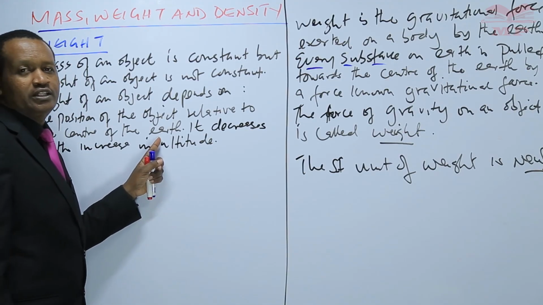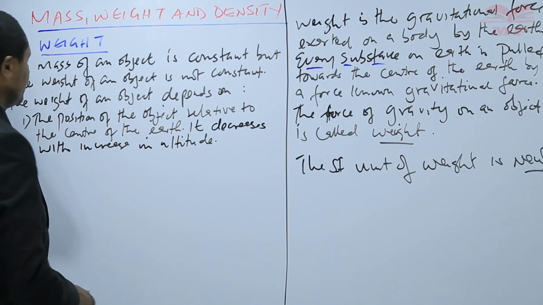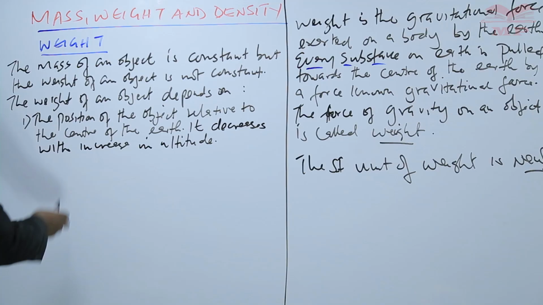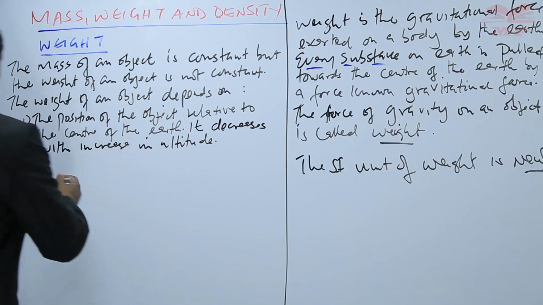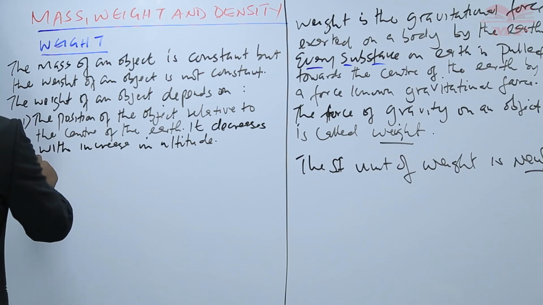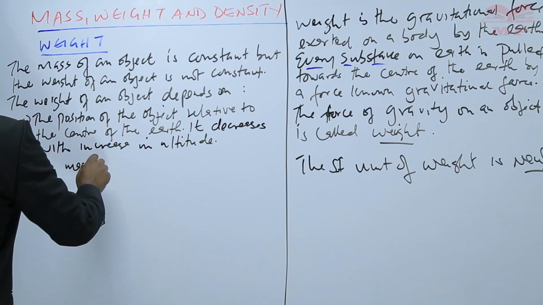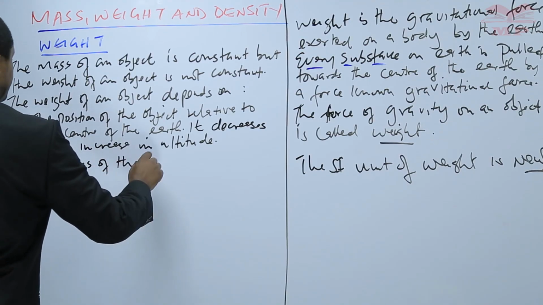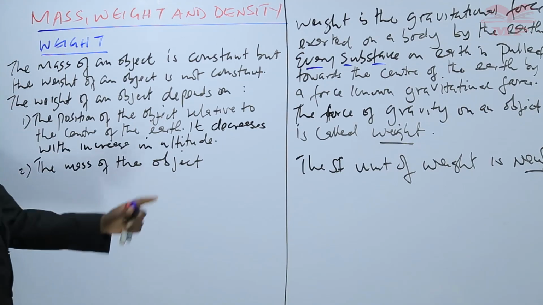Now, another factor that determines the weight of an object, number 2, is the mass of the object.